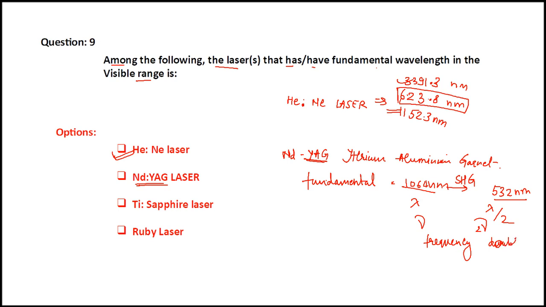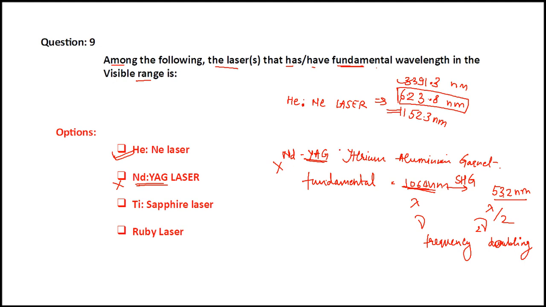What you get after frequency doubling lies in the visible range of light, but the fundamental does not lie in the visible range. It lies somewhere far in the IR range. Since here they are asking for the fundamental wavelength, this will not be our answer.